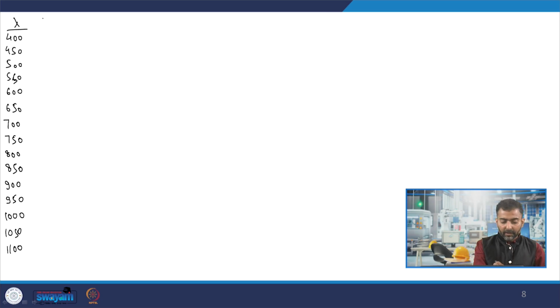Then we read the spectral intensity values from the graph in watt per meter square per nanometer.